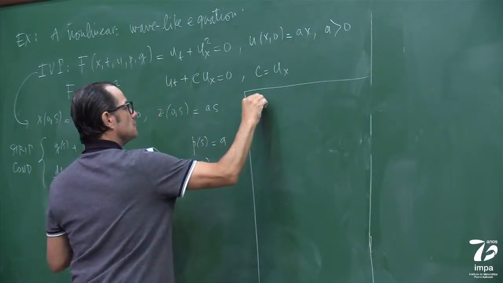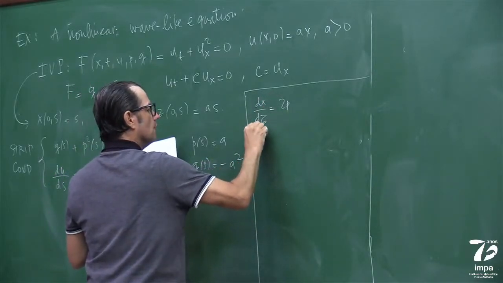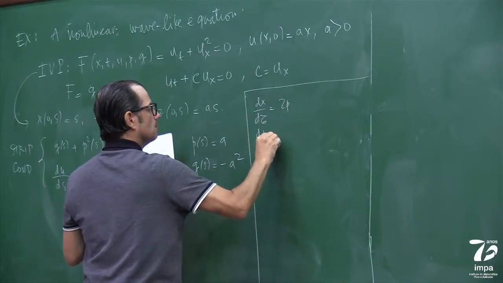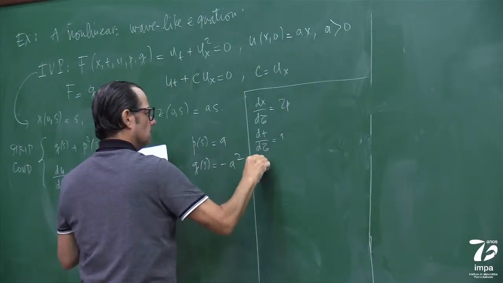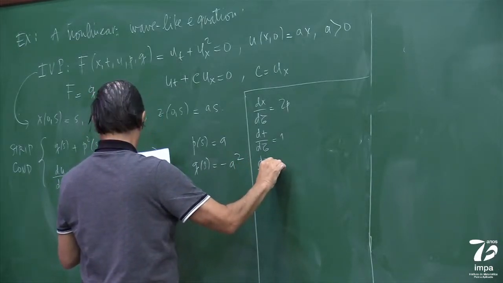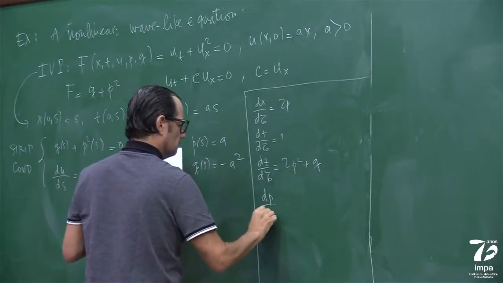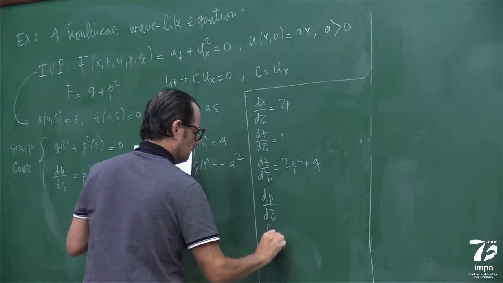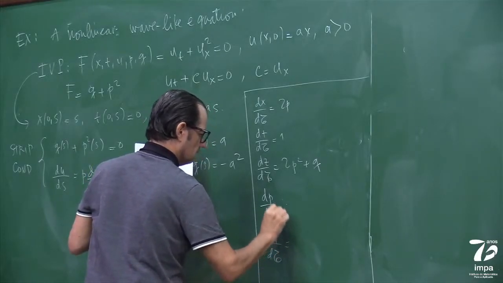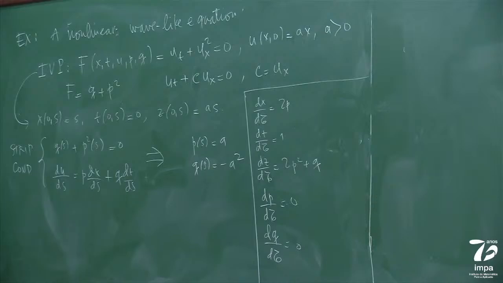So we have the characteristics equation. I'm going to write it like this. Let me just copy so I can move on fast. Okay. And then we will conclude.